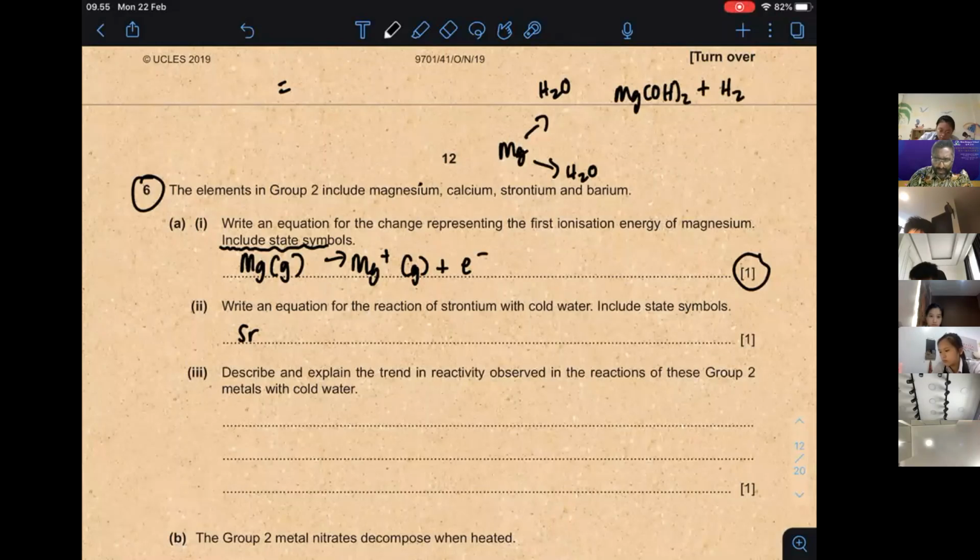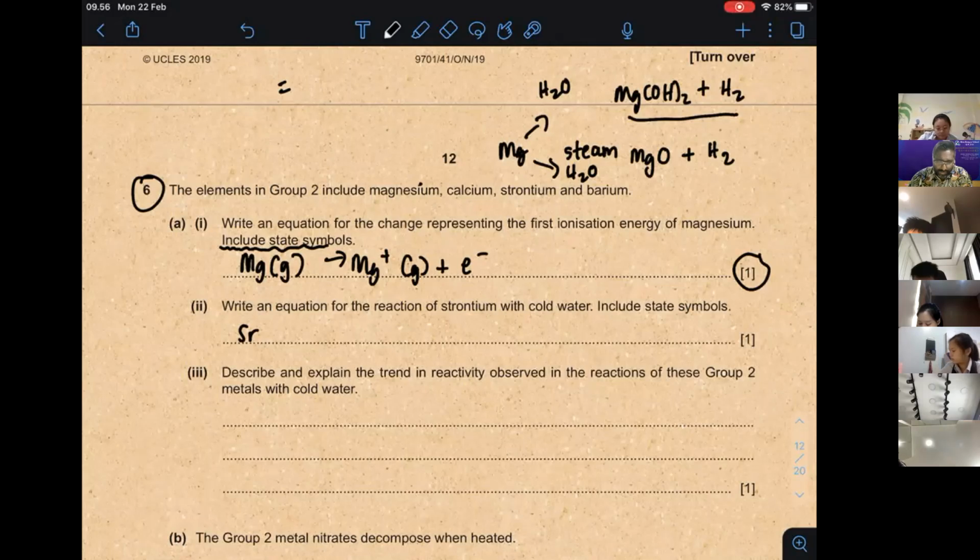But if you make the conditions more extreme, if you heat up or react with steam, the reaction is going to be different. You are going to get MgO plus H2. That's the difference. The rest of them follow the normal condition, which gives the hydroxide.